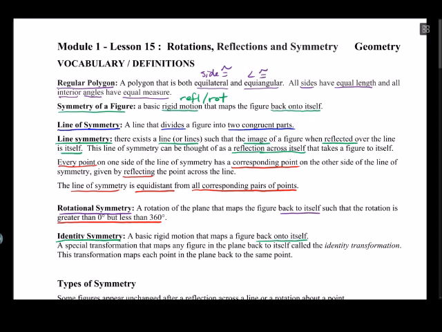It is a special transformation called the identity transformation that maps each point back to the same point. So this is our 360 degree rotation, and we'll see how that works.